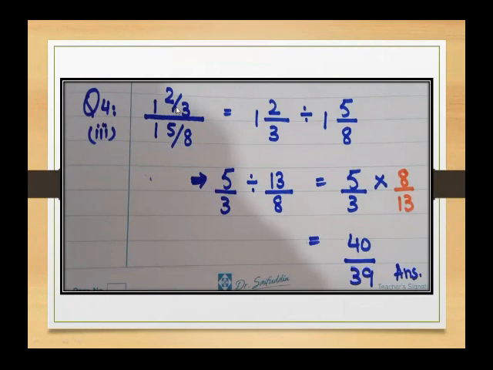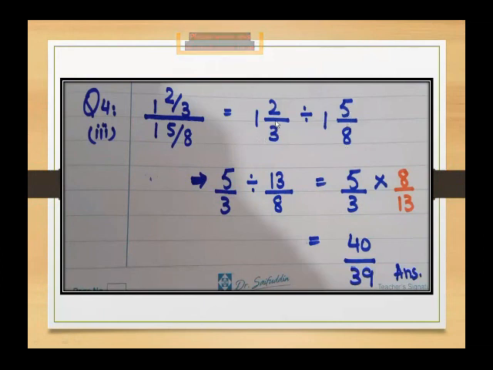First we will write the numerator as it is, that is 1 whole 2 upon 3. Now we replace this upon with the division sign, because it is showing division here, and then we write the denominator, that is 1 whole 5 upon 8.